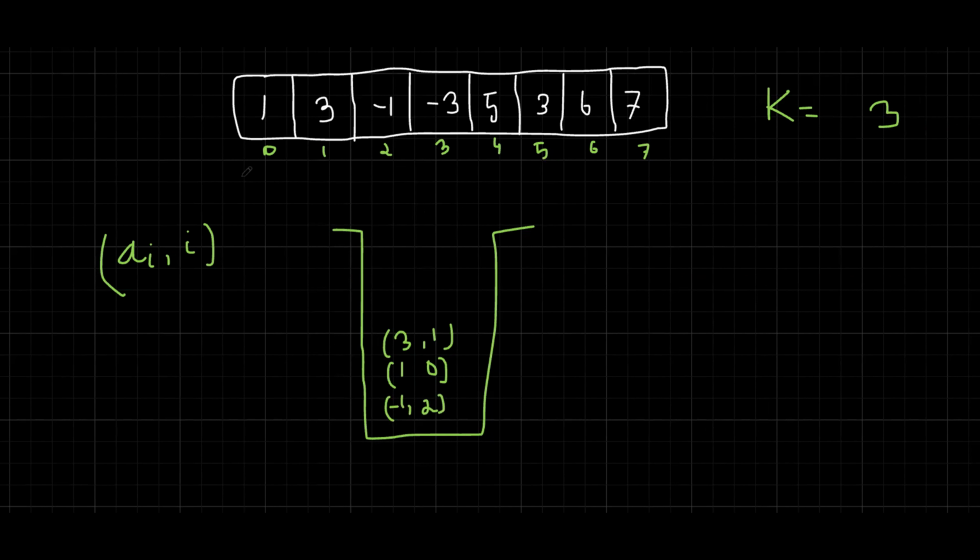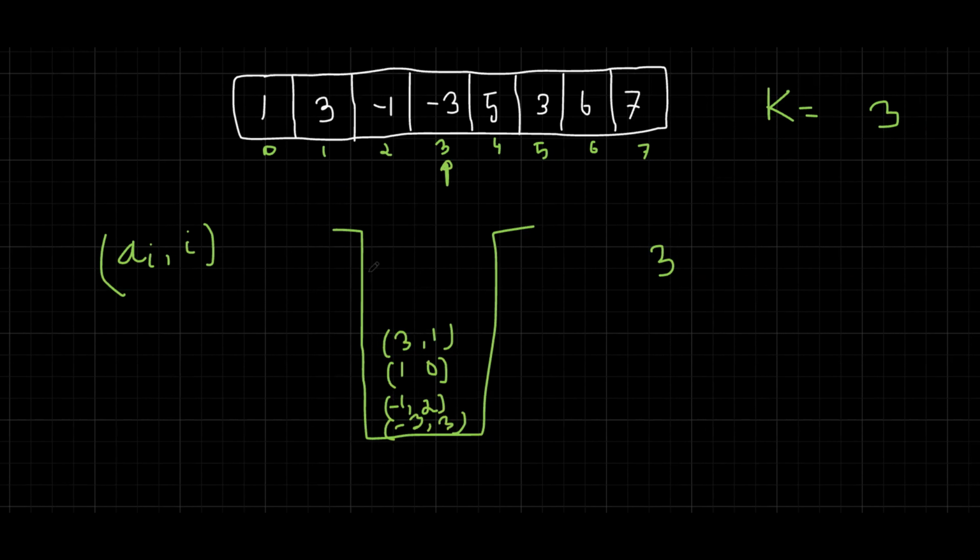Now, our window size is becoming the value of k. So we have to store the maximum element, which is 3, and which is the top of the priority queue, into a vector. Now we are at this element -3. So we have to store -3 and 3 as an entry, and it will be at the bottom.